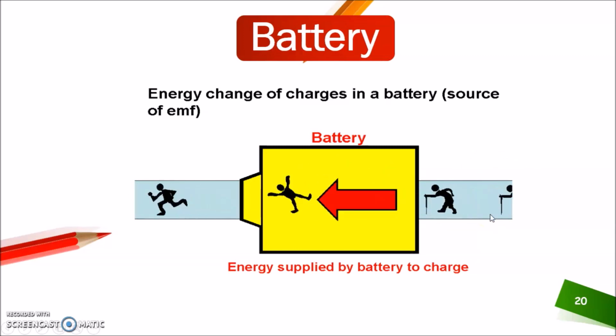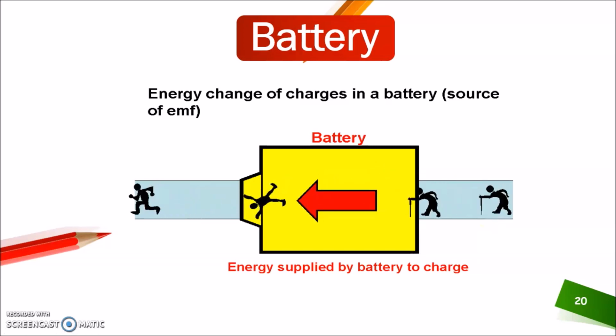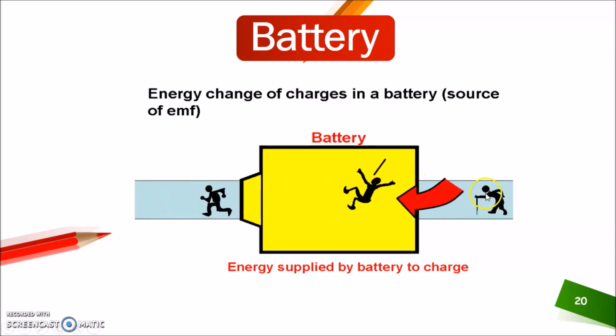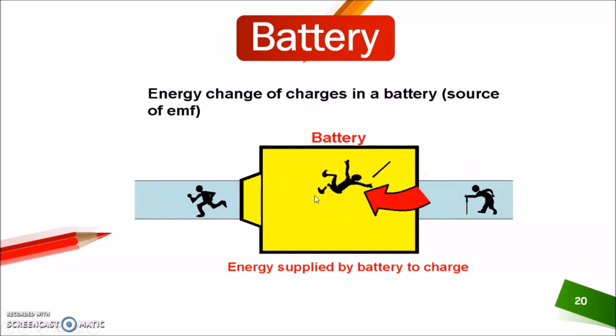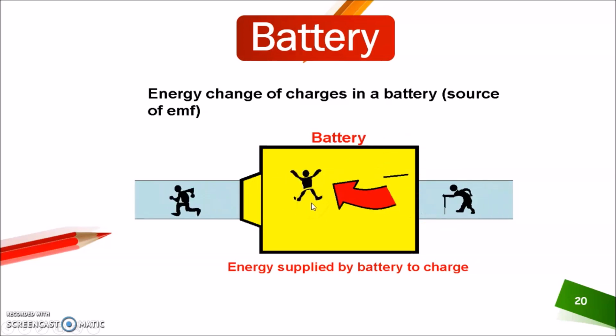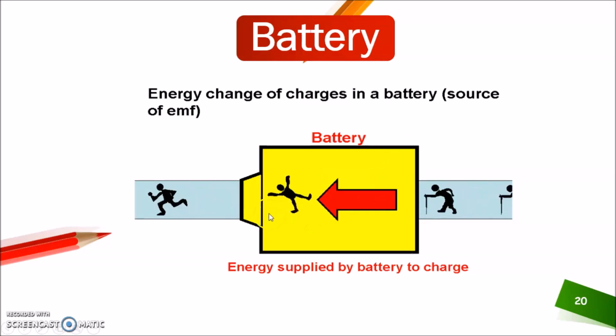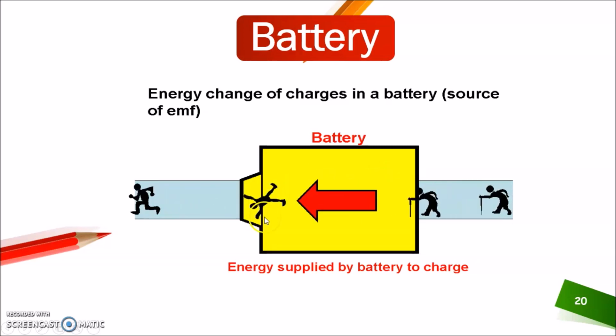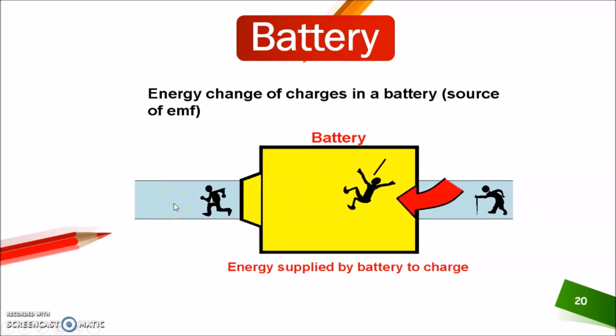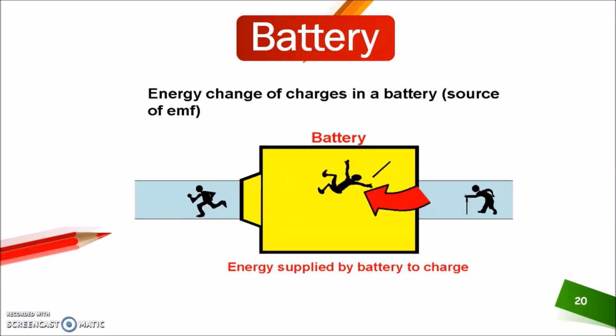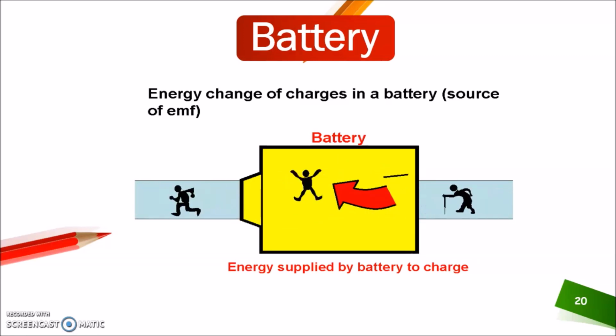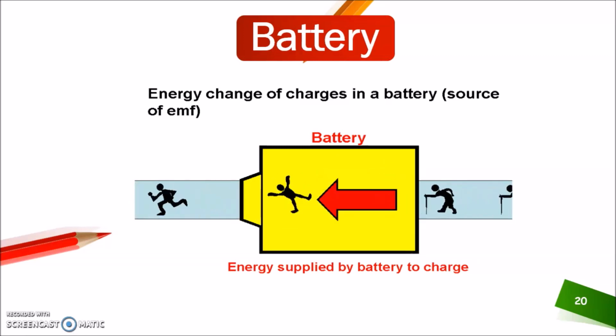So the battery plays an important role here. It provides this electron energy and the electron again starts its journey with full force. So this is the importance of a battery in a circuit.